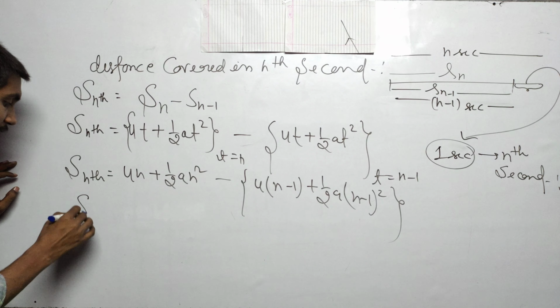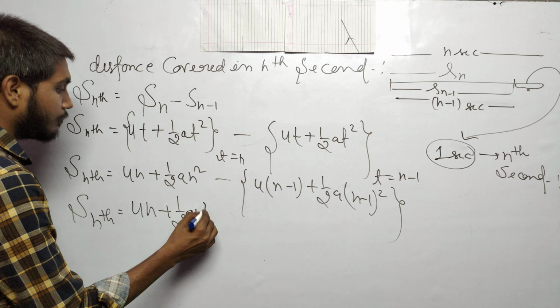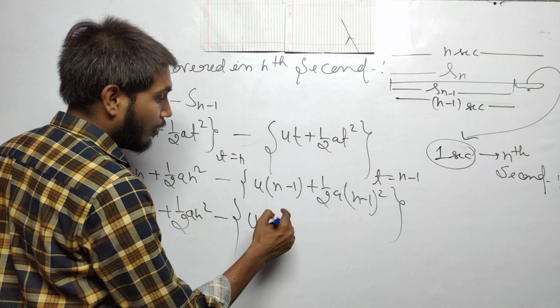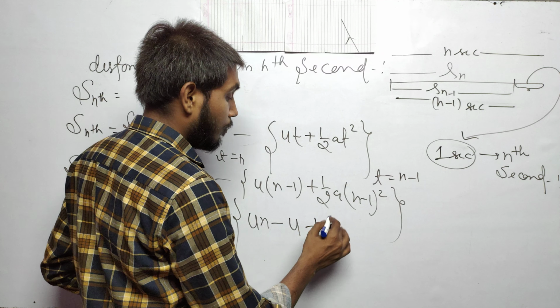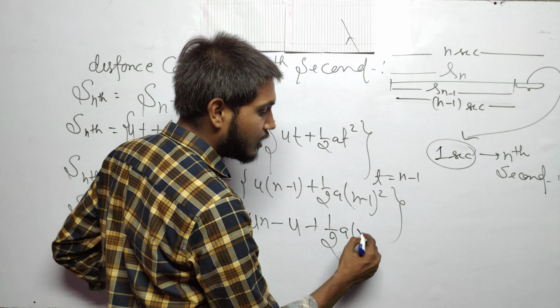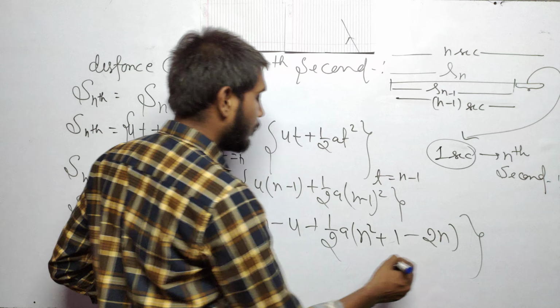Now my dear students, un plus half an square, minus u times n minus 1 plus half a into n minus 1 whole square. Remember, a minus b whole square is a square plus b square minus 2ab.